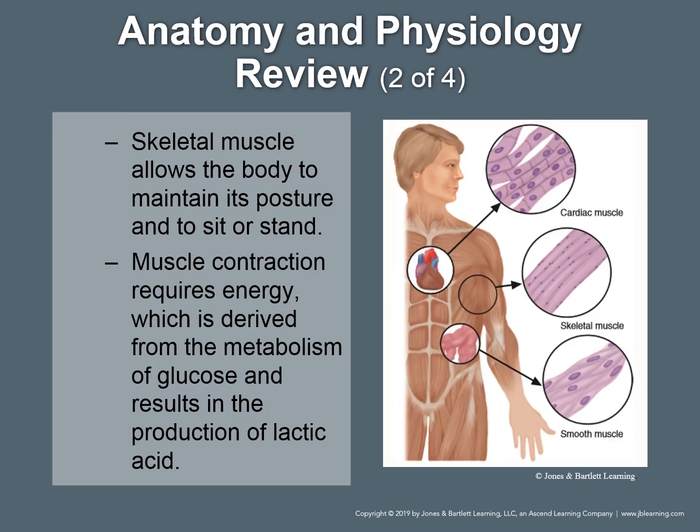Skeletal muscle allows the body to maintain its posture and sit, stand, move. Muscle contraction requires energy, which is derived from metabolism. So in order for your muscles to work, you have to have ATP. You need oxygen, you need glucose.